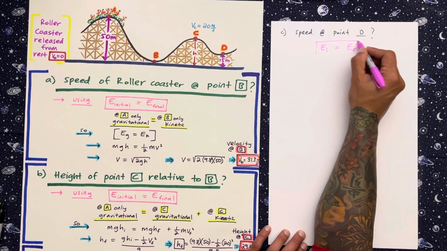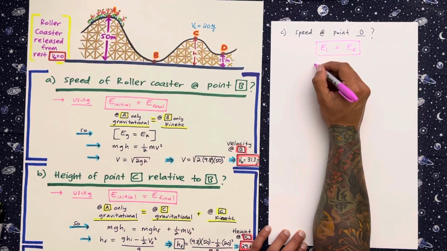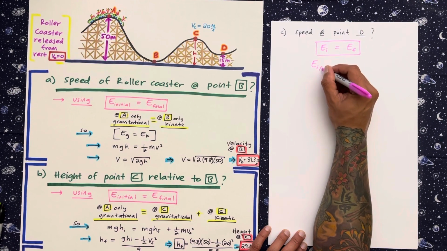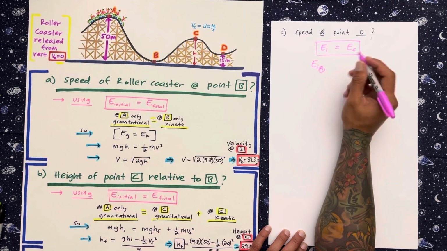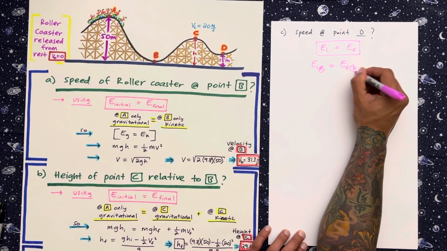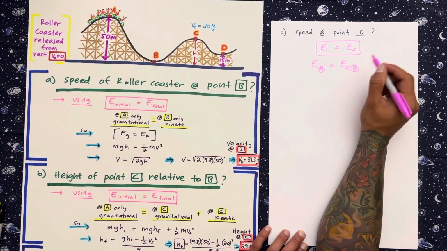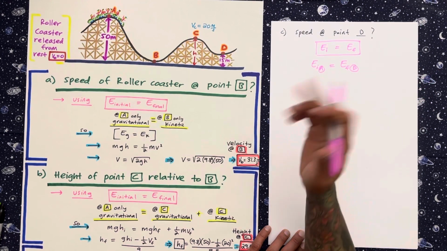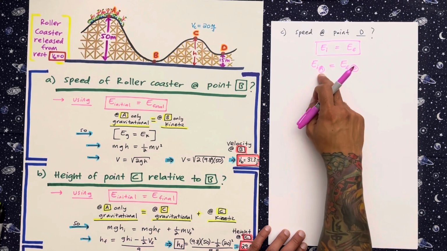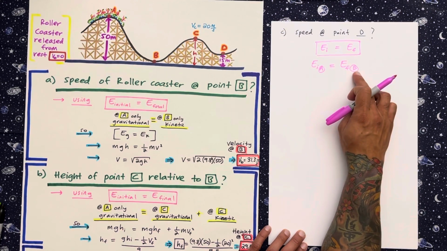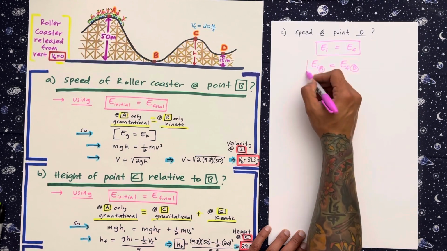And to be a little more specific, right? Energy initial at point A, circle that, is equal to energy final at point D, because those are the two things that we're interested in. We're always gonna start at A. So this is just like the previous one, we started at A. All three of them, we started at the initial, and then wherever we're looking at is gonna be our final energy.